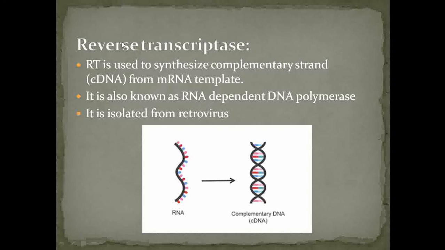So this reverse transcriptase is used to synthesize the complementary strands. Basically it uses mRNA, and from this mRNA there is a formation of complementary DNA. So this reverse transcriptase is also called an RNA dependent DNA polymerase.